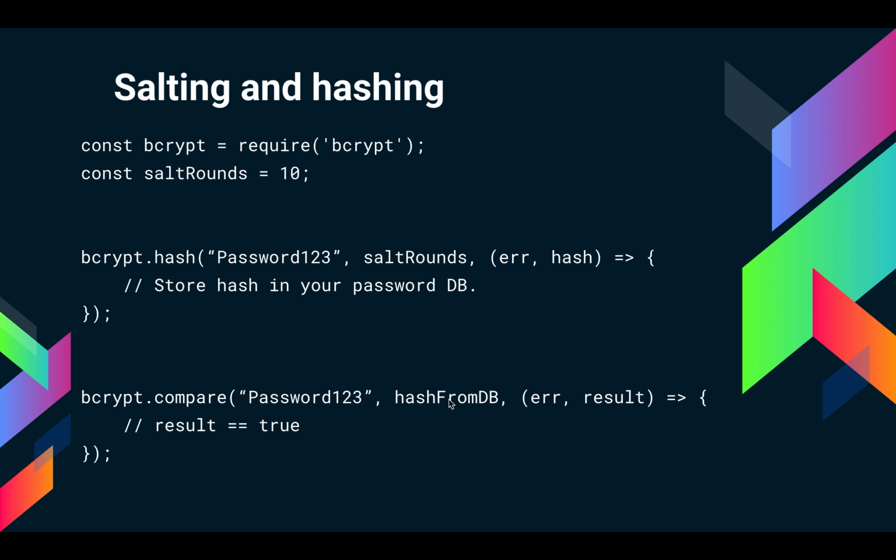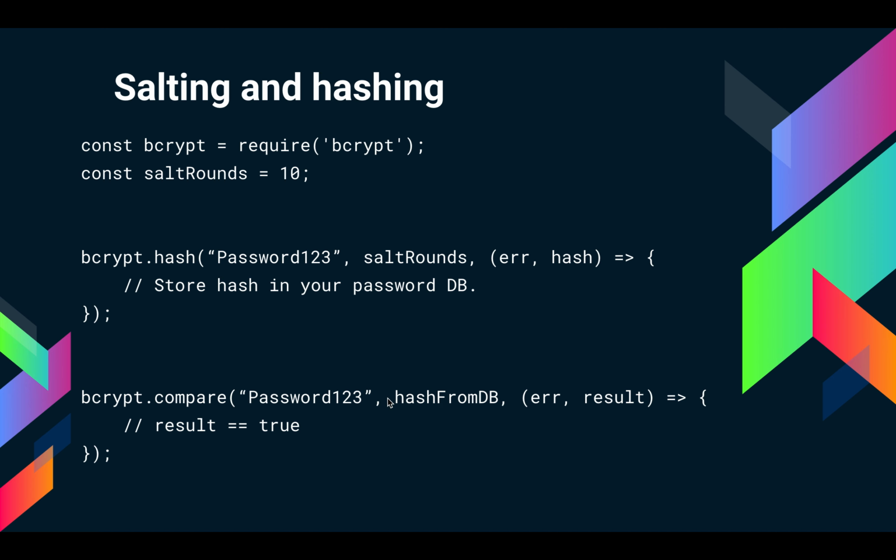It's going to get the hash from the database, so that's going to be sort of user.password hash or something like that. And we're going to compare, is the password that they've just typed in, password 123, the same as the hash that we've stored in our database?